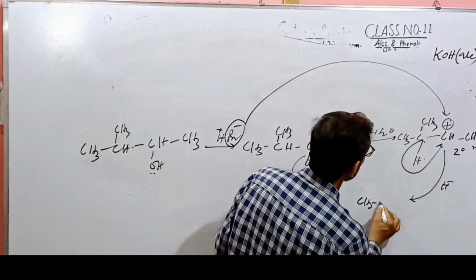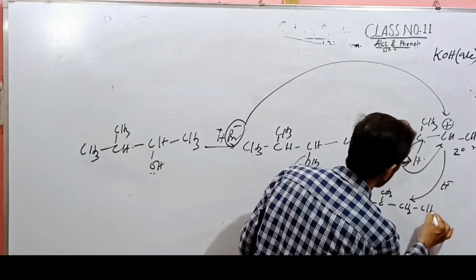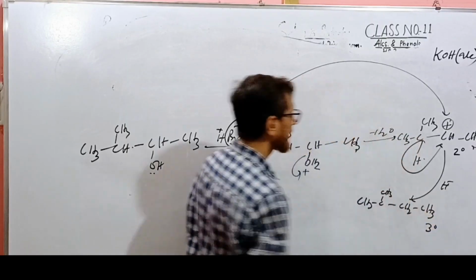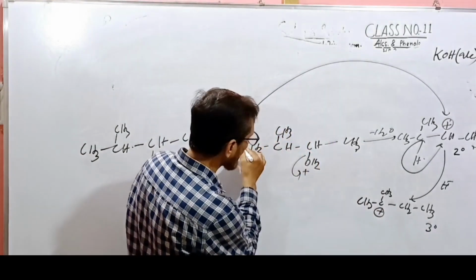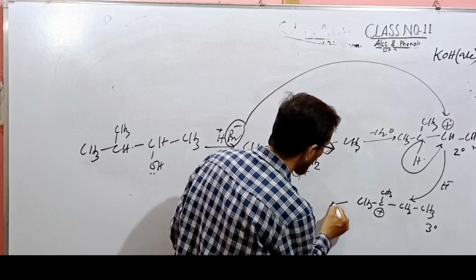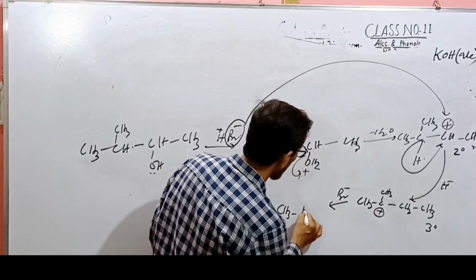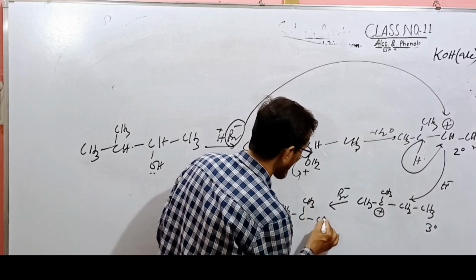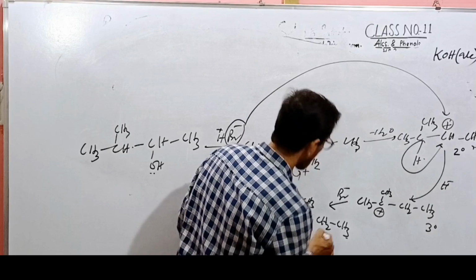So CH3, C, CH3, CH2, CH2, you are getting a 3-degree carbocation here. Now you attack with bromine. Your answer will be 100% correct, and you would have secured 4 marks rather than 1 negative mark. This is the answer.